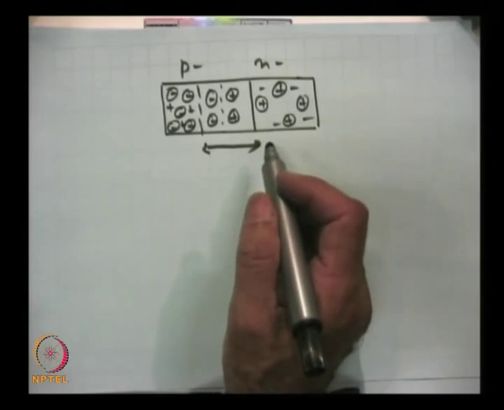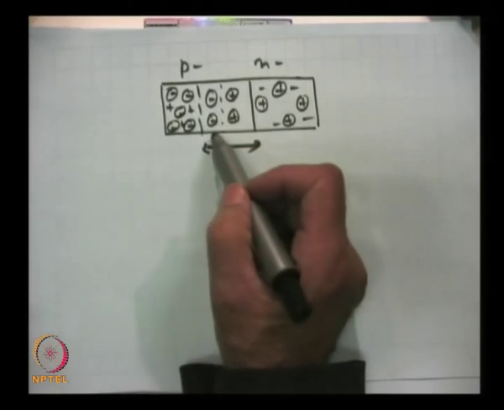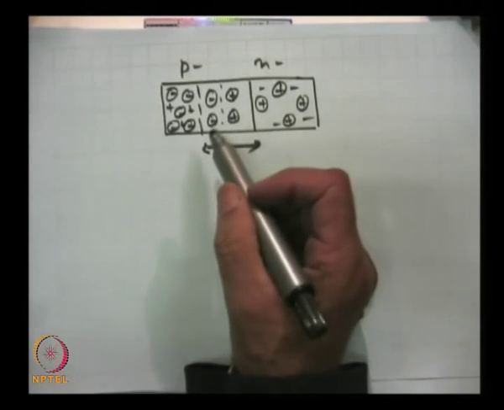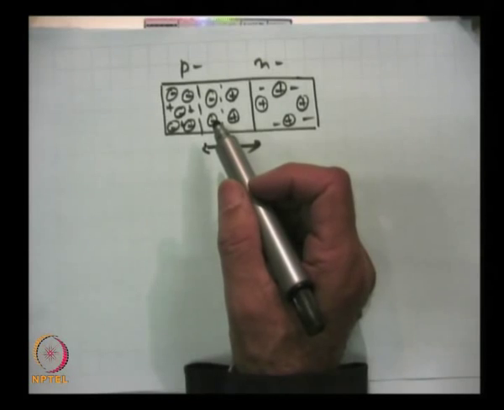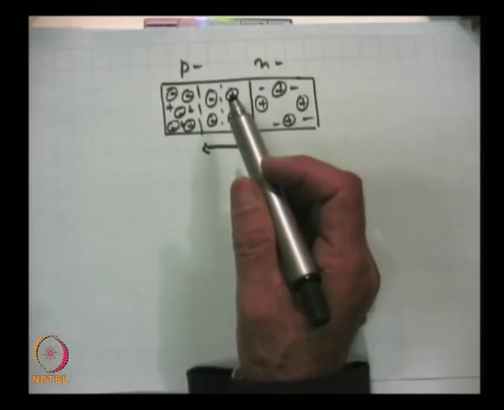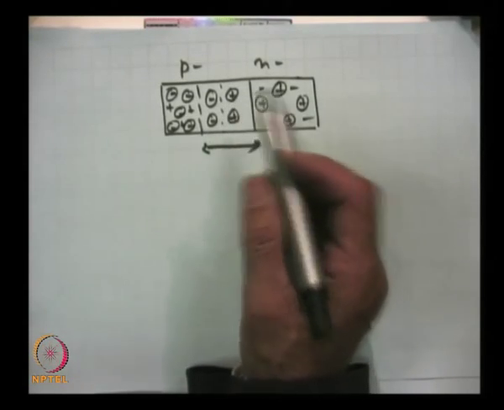Where have they gone? The holes and electrons met here and both recombined, and as I just now explained, in recombination the electron disappears in the sense it is not in the conduction band, and the hole is also not there, because then it becomes a bound electron in the valence band like many other electrons.